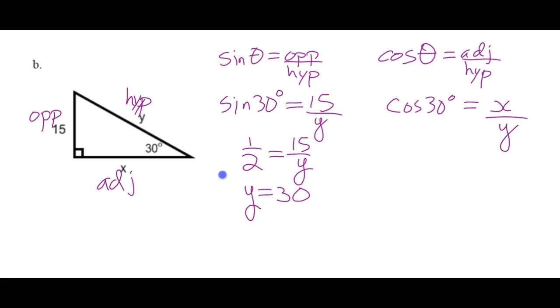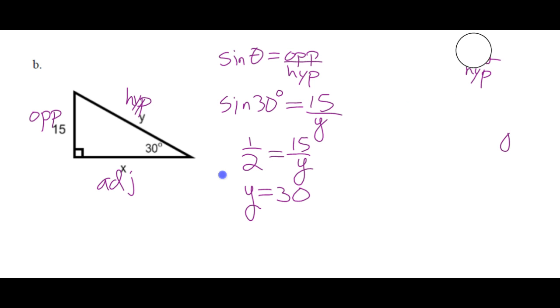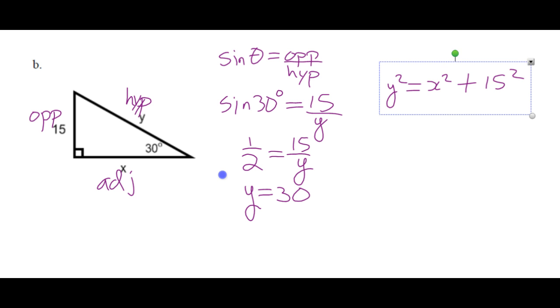Wait a sec. So I don't want to do that. How about this? y squared is equal to x squared plus 15 squared. Just go back to the Pythagorean theorem, right? Because otherwise I'm working with two unknowns. Well, sorry, no, never mind, we could do it. You can do it either way.